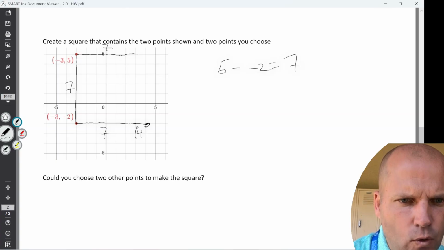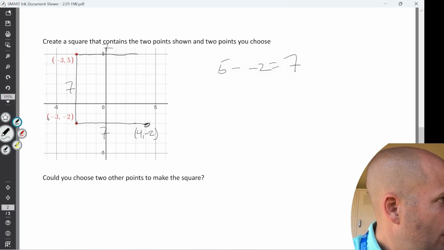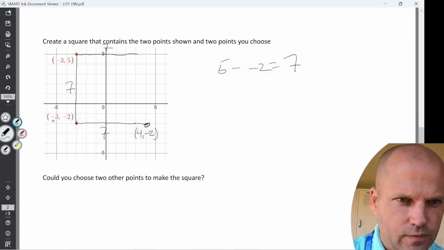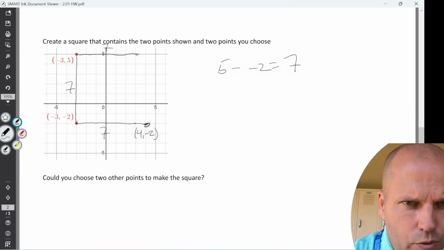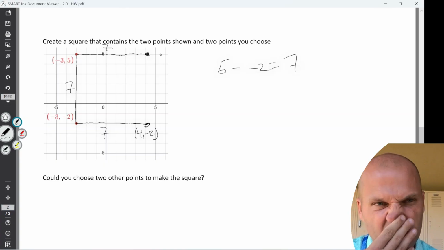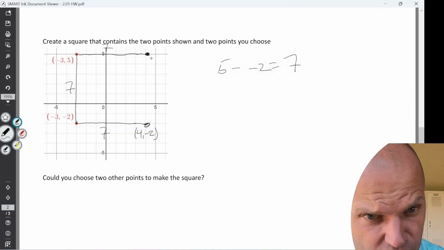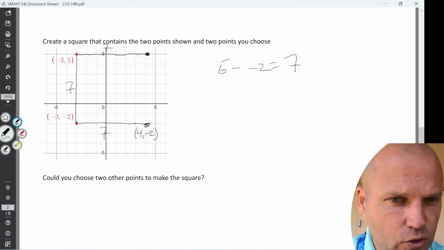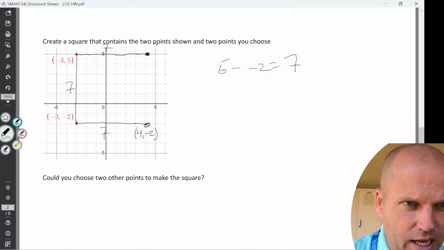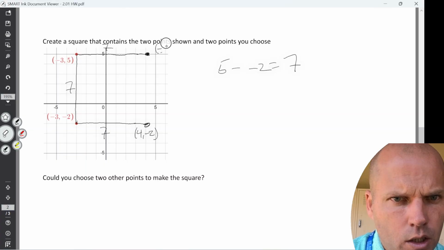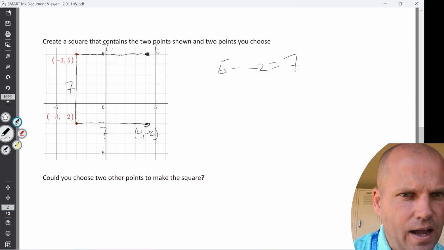So now I have 4, -2 has a horizontal distance of 7 away from -3, -2. And we would be able to do the same thing from -3, 5, just do a horizontal distance of 7. Or if we wanted to, we could do a vertical distance from 4, -2 up 7 and realize that this point will be 4, 5.